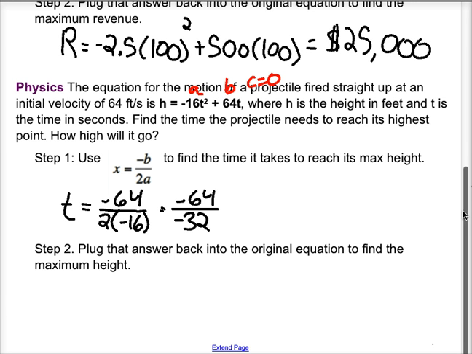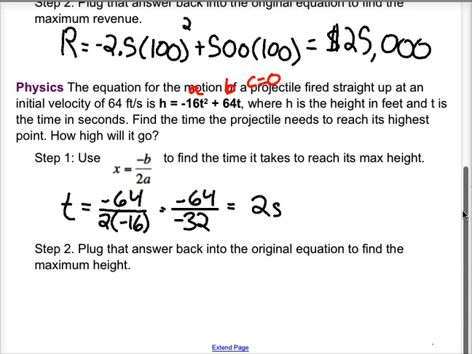So 2 times negative 16 is just going to be negative 32. Divide those, and you get 2. Now, t is representing time, and it says that the time is in seconds. So the maximum height will occur at 2 seconds. 2 seconds after launch.